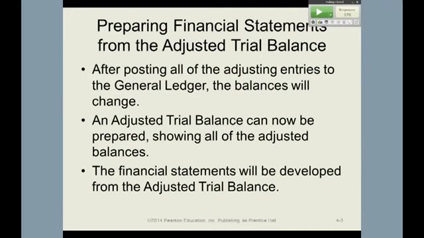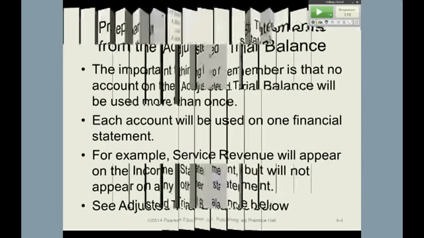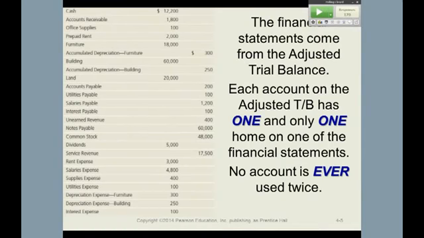Okay. Now, when we prepare financial statements, after we have journalized the adjusting entries and posted them to the ledger, the adjusted trial balance is going to be prepared, and we take information from that adjusted trial balance. Same adjusted trial balance we saw before.